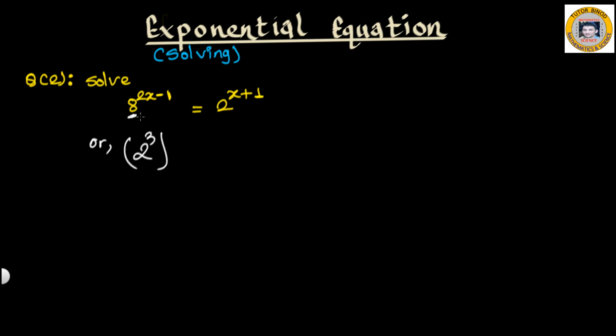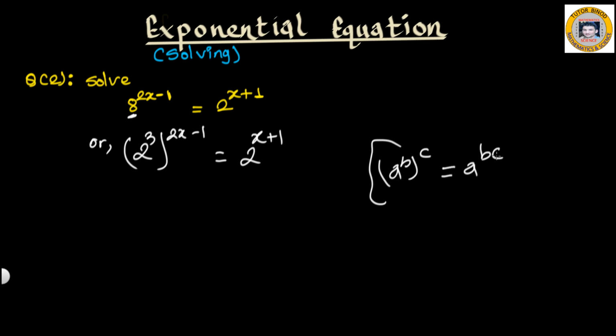So let me write 8 in terms of base 2, because if I have the same base on both sides, I can equate the power. So that's the primary goal. On the left hand side, 2 to the power 3, raised to 2x minus 1. On the right hand side, you already have 2 to the power x plus 1. Now let me remind you, if a is raised to the power b and you have the power c again, then you can multiply the power.